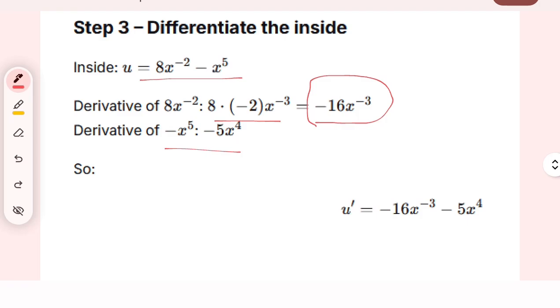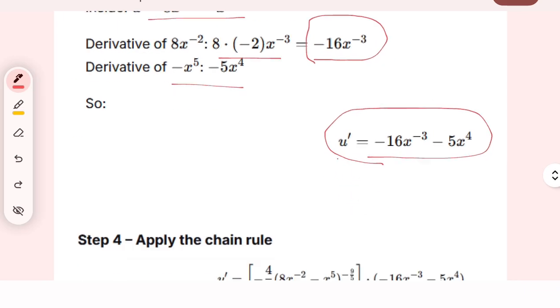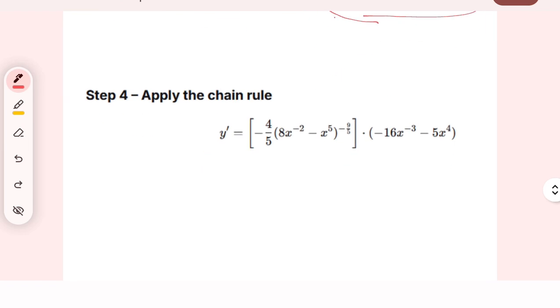Therefore, the derivative now of the inside function is this. So we have the derivative of the outside function, we have the derivative of the inside function, then we have to put them back into the chain rule formula.